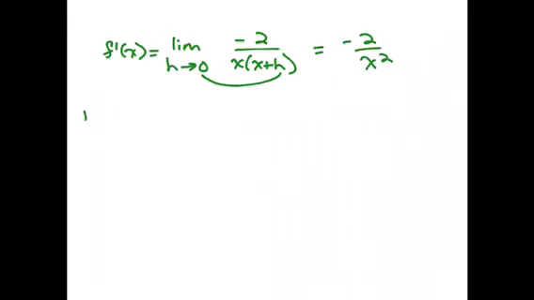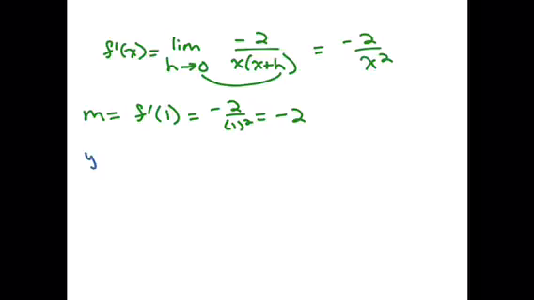So our slope is then the derivative evaluated at our point, and our x value is 1, so we get negative 2 over 1 squared, which is just negative 2 for our slope.